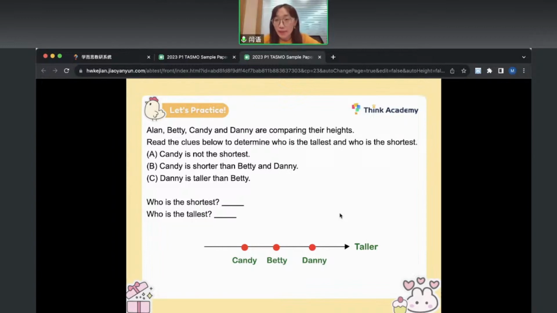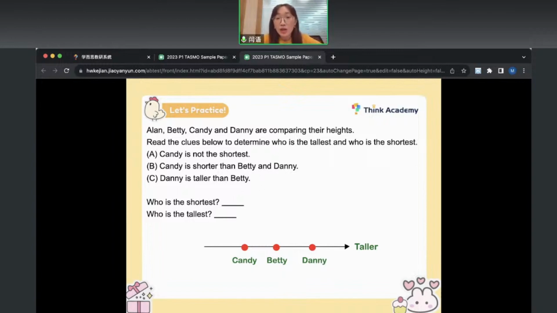Do you have any idea about Alan? Because according to the question, actually we can find that there are 4 people who are comparing their heights. But so far we only figured out the Candy, Betty, and Danny. So where is Alan? Can you find it? Do remember back to the first clue. Candy is not the shortest.